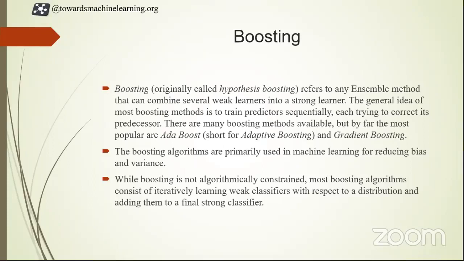We have different types of boosting algorithms like AdaBoost and gradient boost. We will discuss each of them in the upcoming slides. Boosting is primarily used in machine learning for reducing bias and variance. It is very good at improving bias and variance.